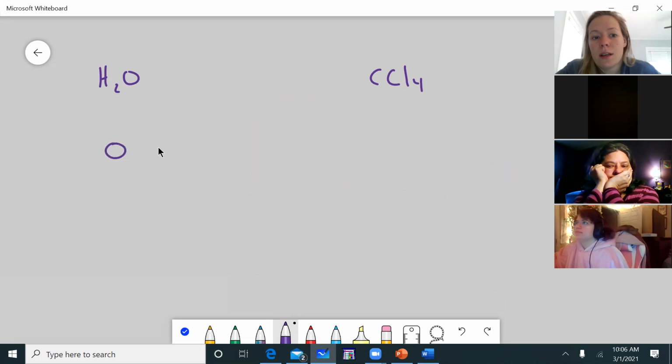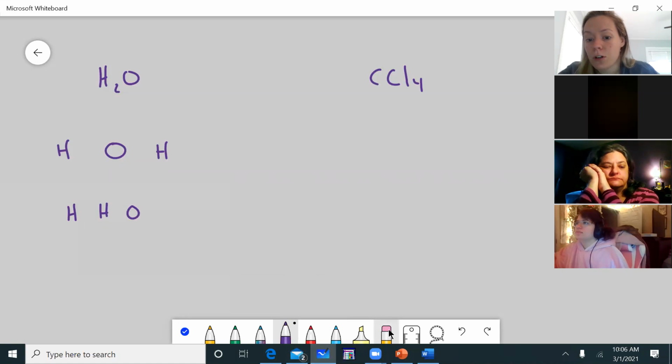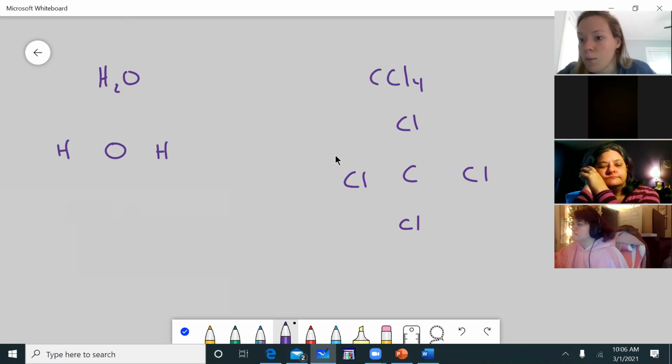So I'm going to put oxygen in the center and hydrogen on the sides like this. I would never go HHO with this one in the center. It would have too many electrons, and that doesn't look very balanced and symmetrical. In nature, things like to be balanced. So we're going to keep it at this. This one over here, CCl4, when you have multiples, those usually are on the outside. So carbon I'm going to put in the center, and then I'm going to put the chlorines around the carbon. That creates something that's somewhat symmetrical.